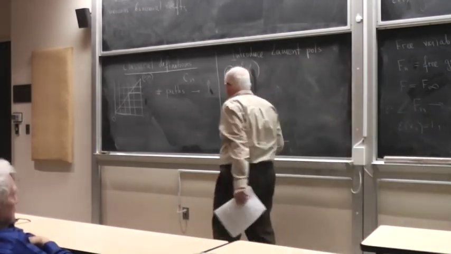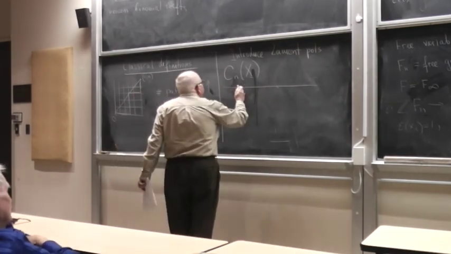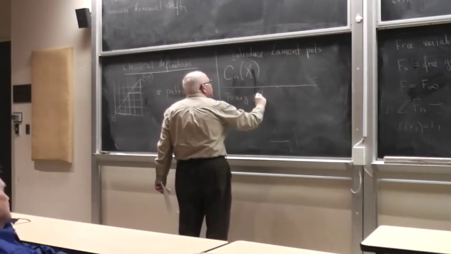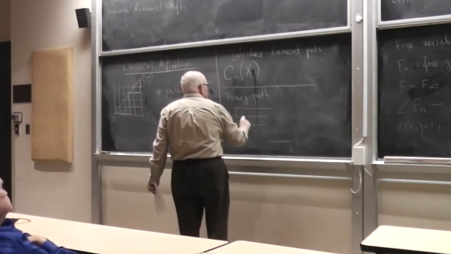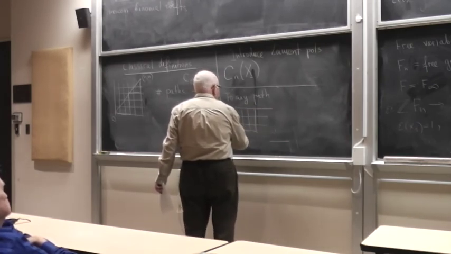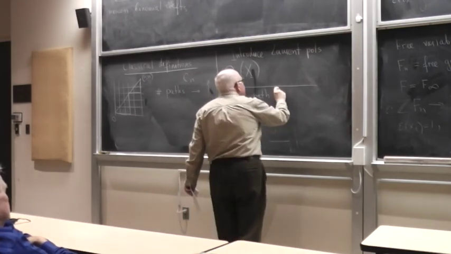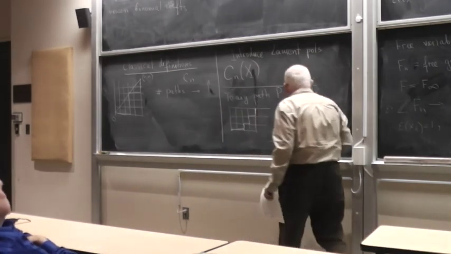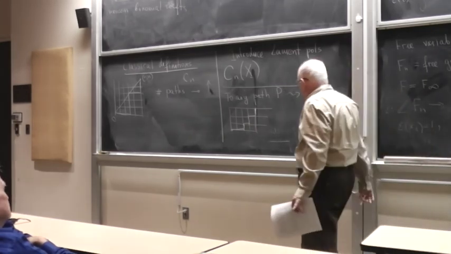Given a path like this, I construct a Laurent monomial MP by the following rule.